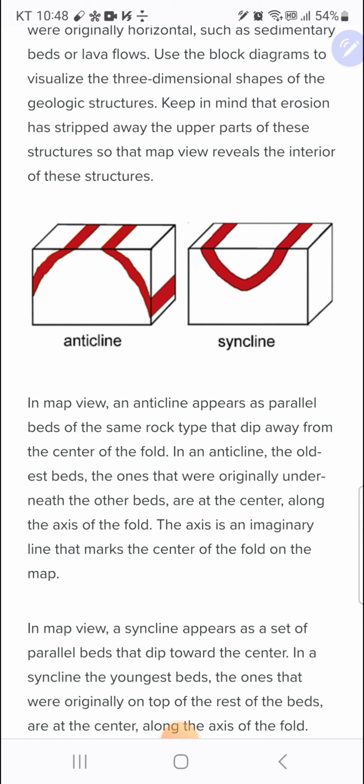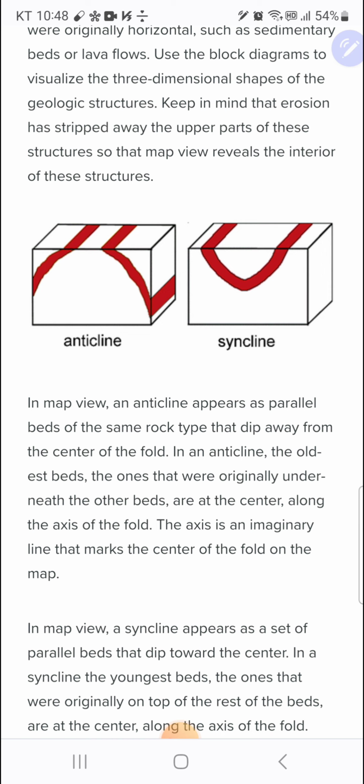I thought they were talking about the structure on the left side, which is the anticline. So in map view, an anticline appears as parallel beds of the same rock type that dip away from the center of the fold.